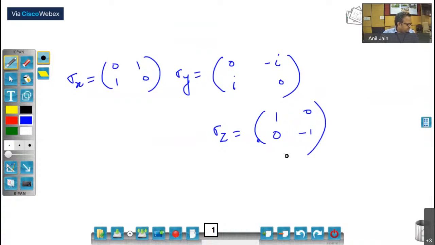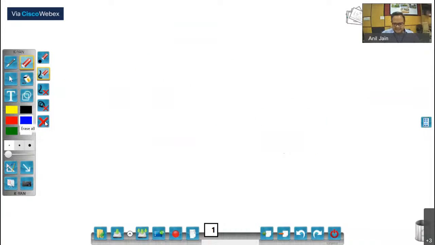Now let's assume that the z axis is the direction of neutron polarization. So let's assume that the initial neutron polarization is along the z direction, which means we are applying the magnetic field along the z direction.